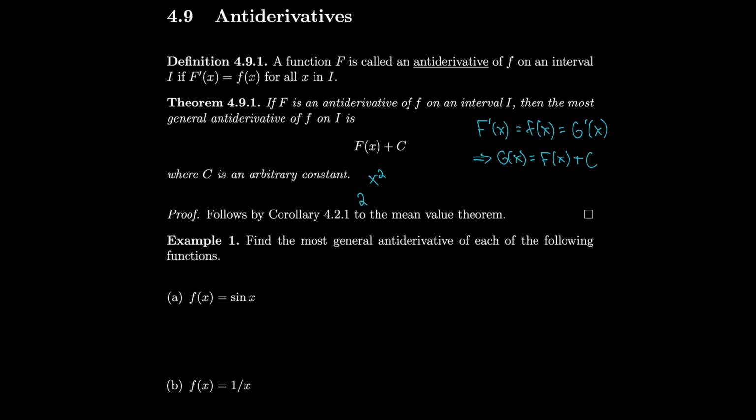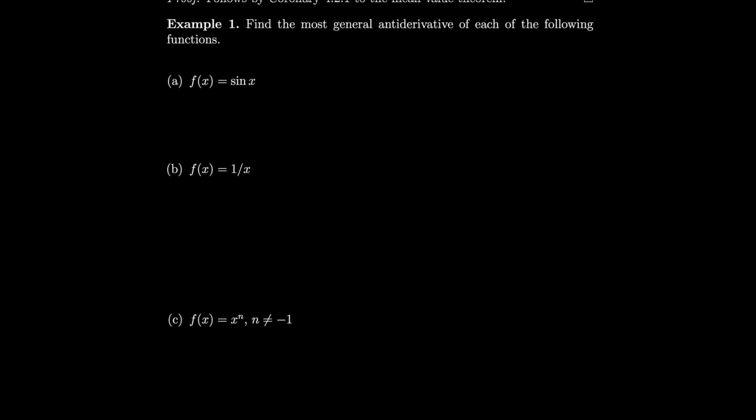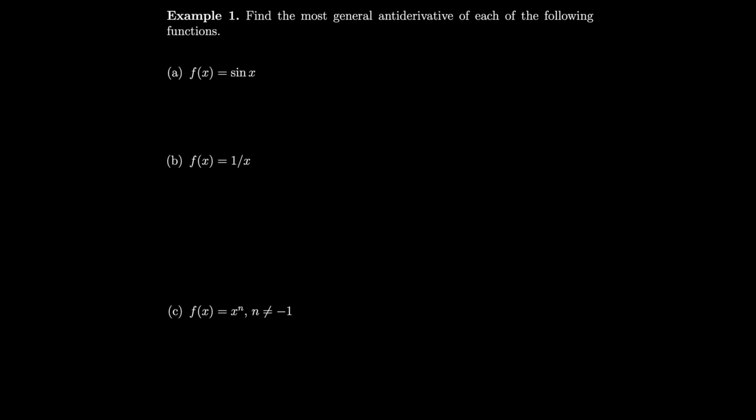Let's do an example. Let's try finding the most general antiderivative of each of the following functions. We'll start with f of x equals sine x. So we need a function whose derivative is sine. Well, the derivative of cosine is minus sine, right?